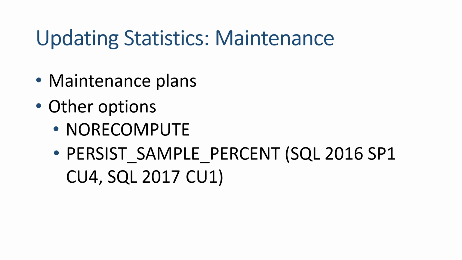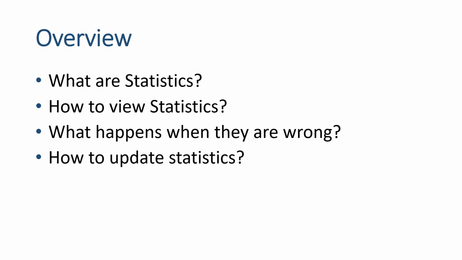We do not have many options in the native SQL Server maintenance plans, but you can use the Ola Hallengren scripts. You have so much flexibility, like you can change the percentages, and there are several other options to update these statistics specifically.